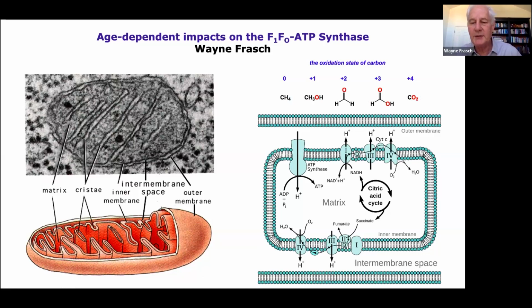Once it gets to a certain stage of this, it moves inside to the matrix of the mitochondria, where it ultimately goes to carbon dioxide. In so doing, the enzymes there are generating the reduced form, NADH. So it gains an electron, and that way the positive charge is reduced.